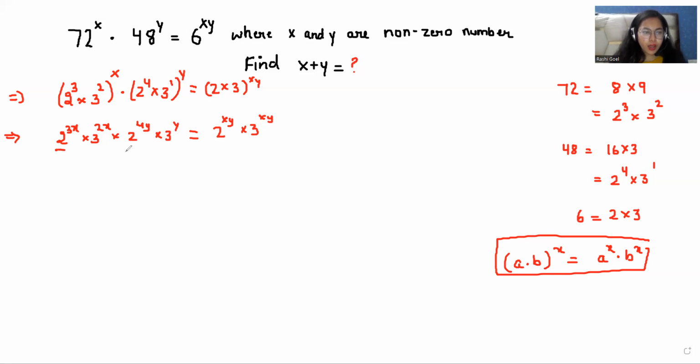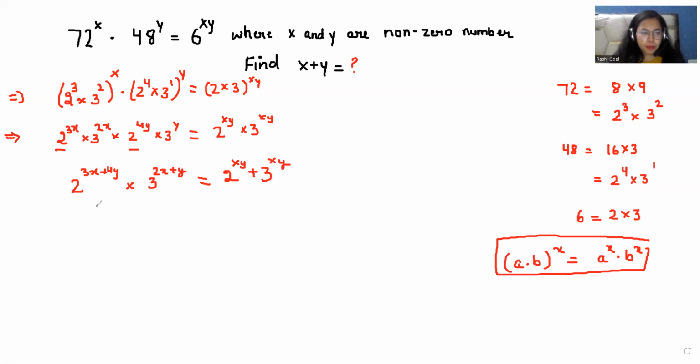Now the values that have the same base and a multiplication sign in between, we can add the powers. So we can write 2 power 3x plus 4y times, in case of 3, 3 power 2x plus y is equal to 2 power xy times 3 power xy.